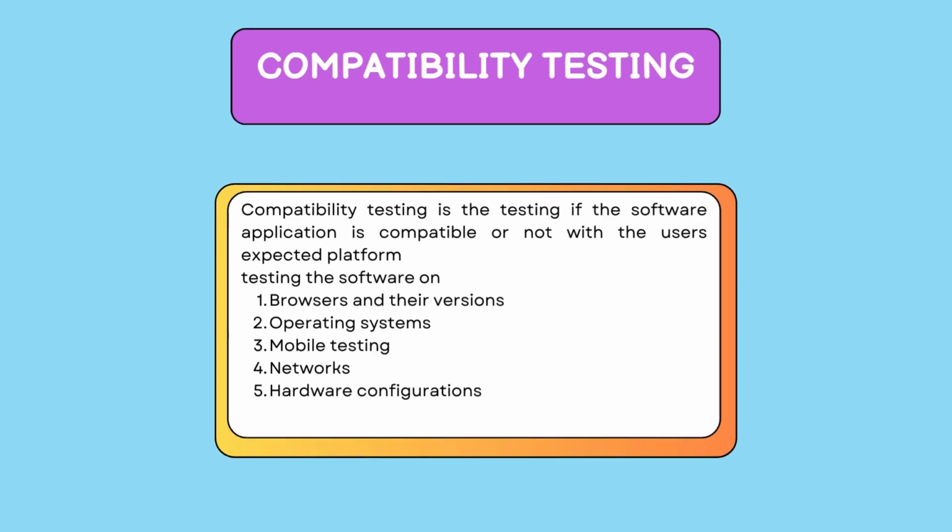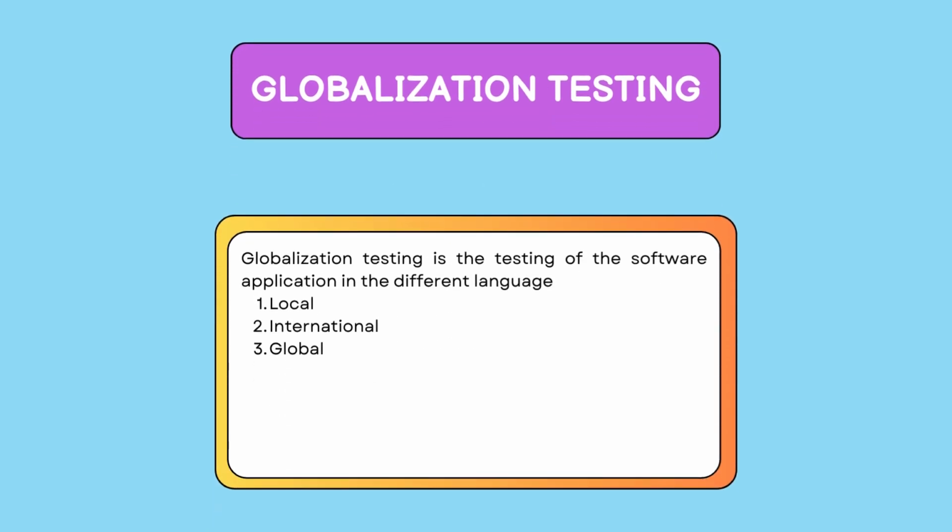Now let's move to the next term, that is globalization testing. Globalization testing is testing of a software application in different languages. If your software or application has a multilingual feature, then you need to test it in the different languages.